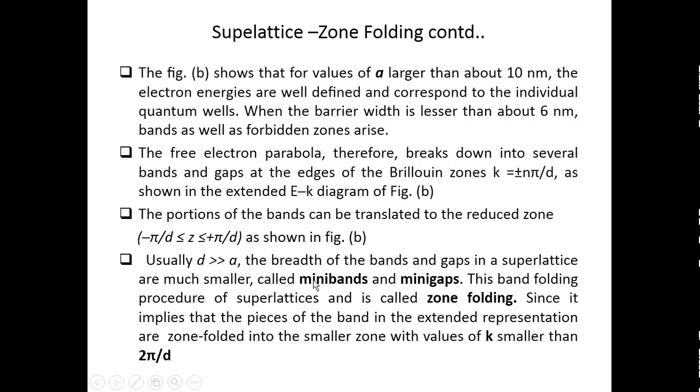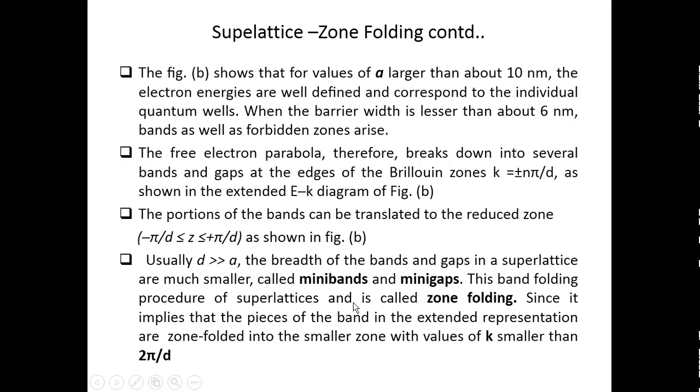So the formation of mini bands and the band gaps occurring at the Brillouin zones is called the band folding phenomena or zone folding.